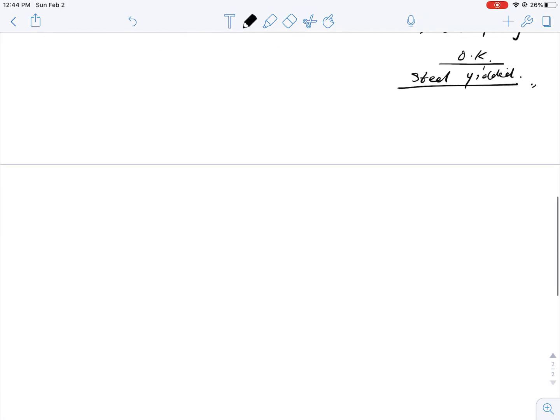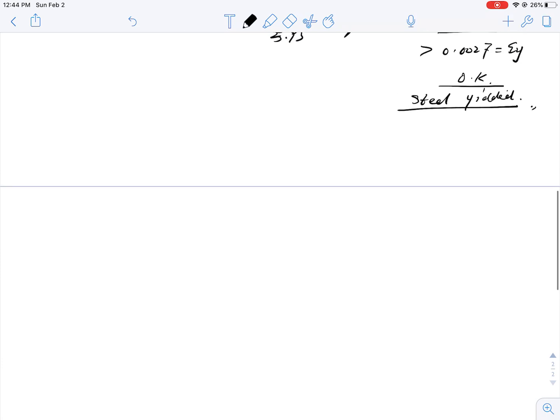Okay, so at this point we have established the condition that steel has yielded. We'll go on to check what is my lever arm.